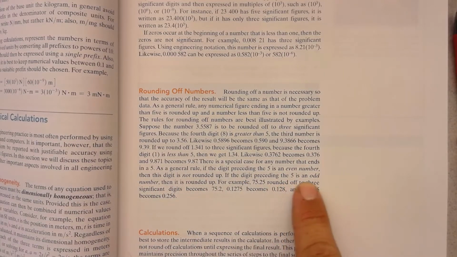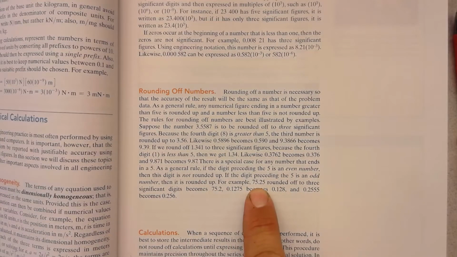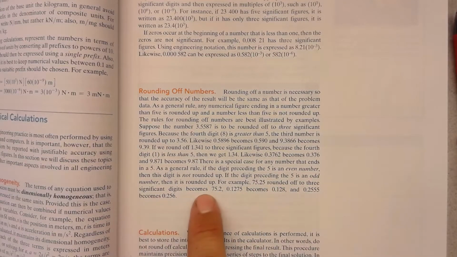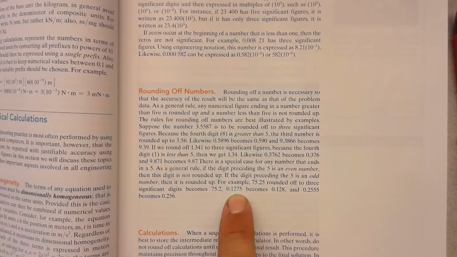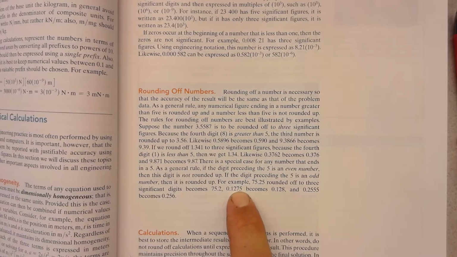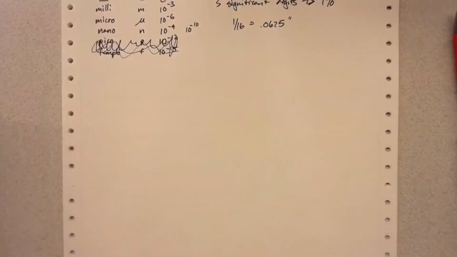If the digit preceding the 5 is an odd number, then it is rounded up. For example, 75.25 rounded off to 3 significant digits becomes 75.2. Whereas 1.1275 becomes 1.128 because 7 is odd, so you round up. That makes no sense. I believe they're doing it to statistically average it. I think it's dumb. So we don't do that. If it's 5, round up. But I enjoyed that little tidbit.